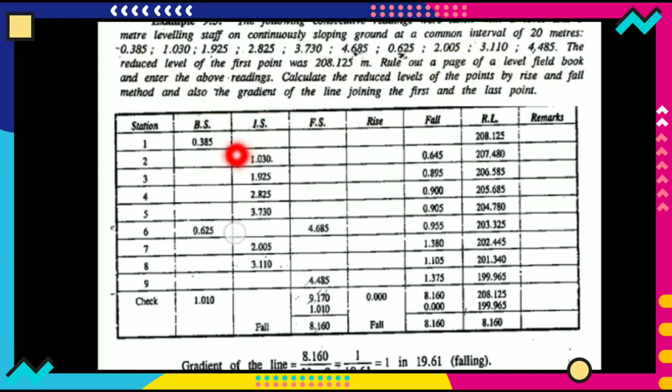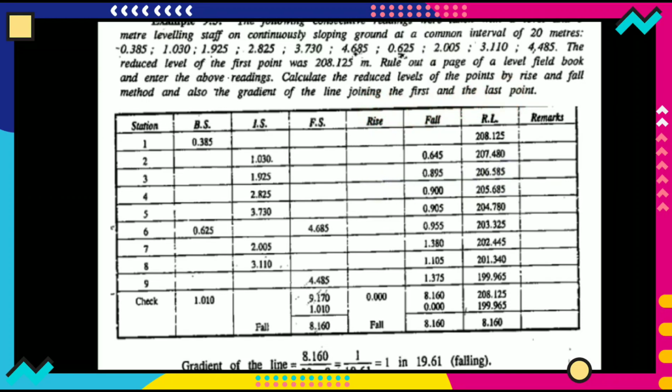Then the reduced level of the first point was 200.125. So this is the reading. First point reading is 200.125, written in the first RL. Calculate the reduced level of the points and also find the gradient of the line joining the first and last point.